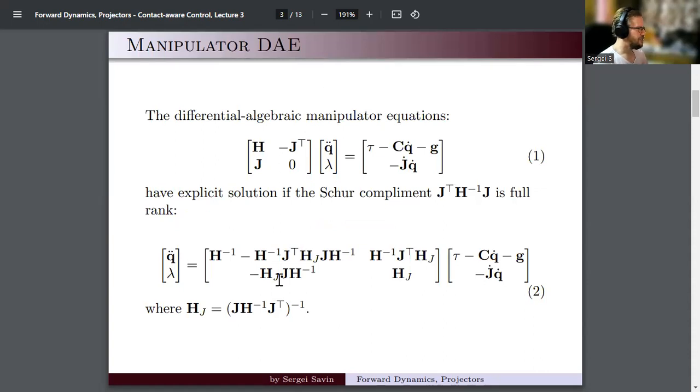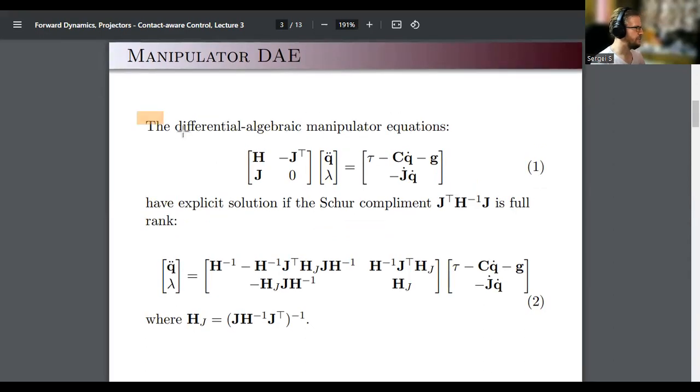Before we begin, let me quickly show you again the differential algebraic equations for a manipulator. Here they are. Let me remind you quickly what those terms are. This is the generalized inertia matrix, right? This is the constraint Jacobian.